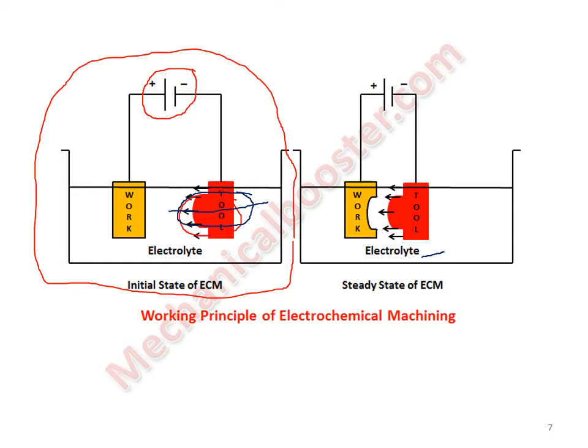That is a very important parameter which needs to be considered. As the machining progresses, the tool will move forward towards the workpiece, and finally the similar shape is achieved on the workpiece area or target surface.